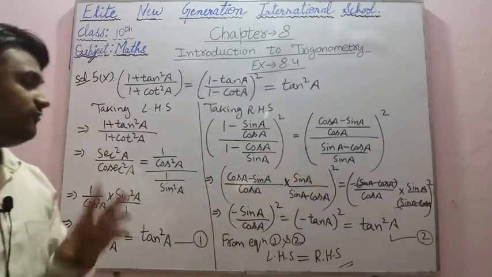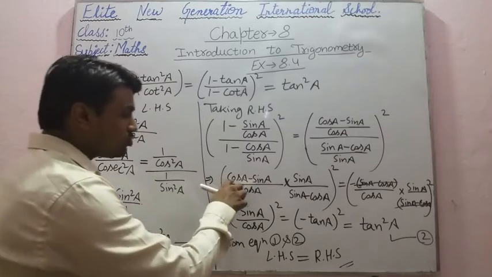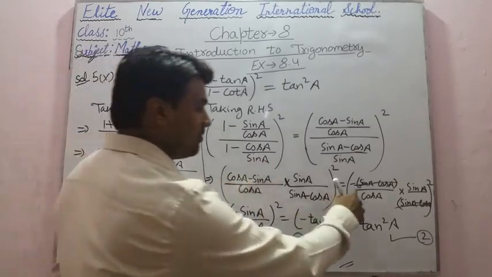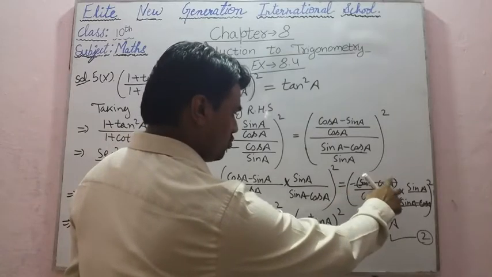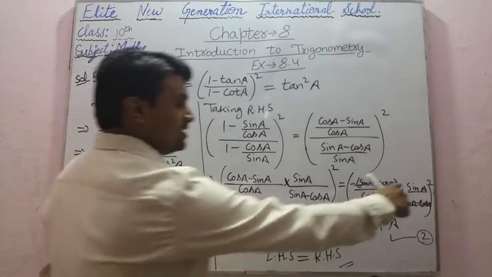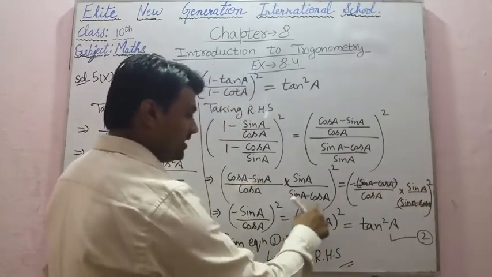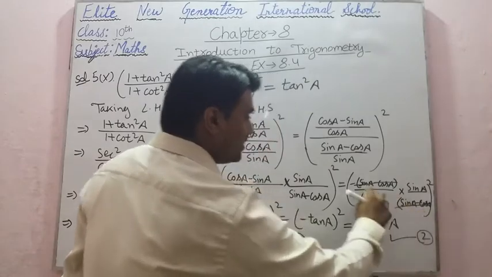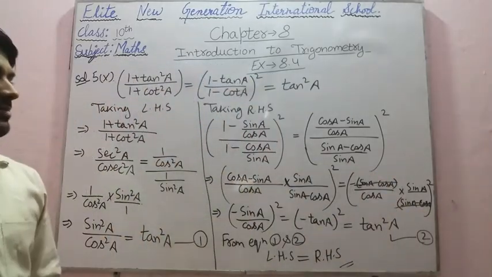Now after this, from this cos a minus sin a, we will take minus common. So by taking minus common, it will be minus (sin a minus cos a) upon cos a, into sin a upon sin a minus cos a, and whole square. So sin a minus cos a will be cancelled by this sin a minus cos a.